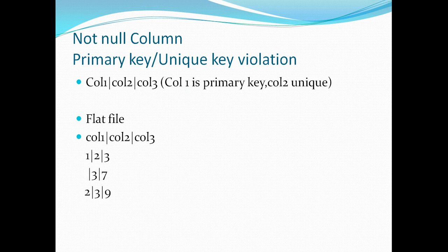My third row is correct, it has data 2, 3, 9, which means my primary key and unique key are not violated. But in my fourth row, I'm getting 3 again, which will lead to a unique constraint violation. So I need to make sure that I validate my flat file so that I don't have these kinds of issues.